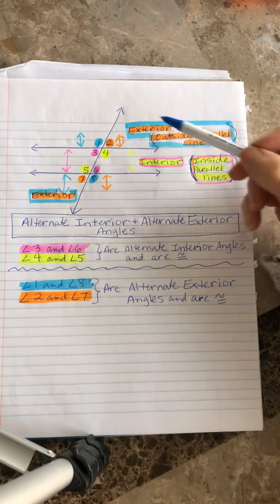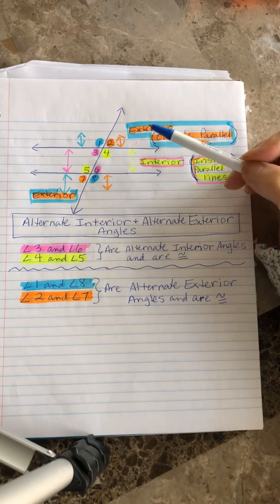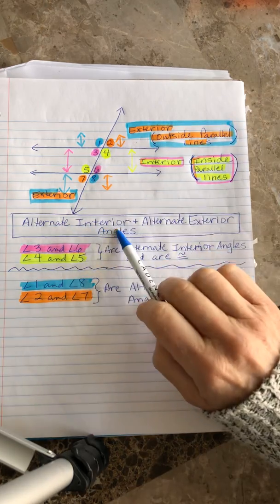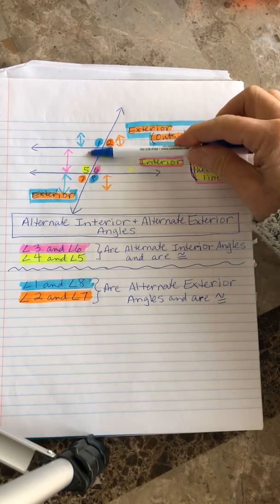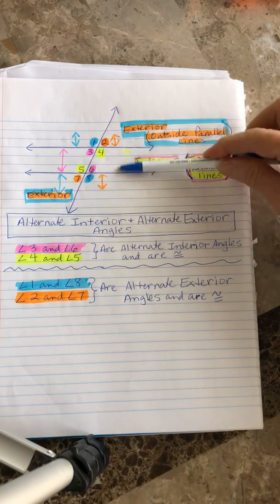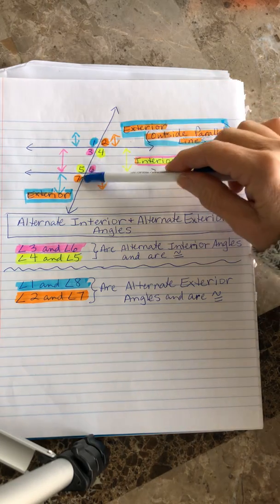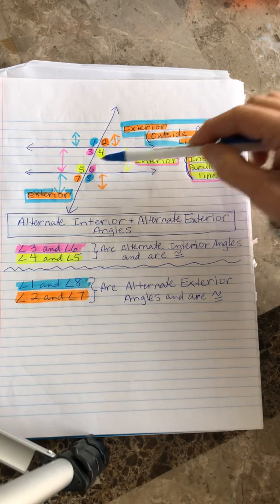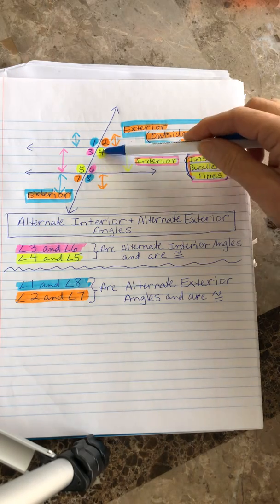Now, if I wanted to look at corresponding, I could find the same corresponding angles that we just looked at, but we also have what's called interior angles and exterior angles. The interior is everything in between the 2 parallel lines. All of the angles that are in between the 2 parallel lines near this transversal. So that would be 3, 4, 5, and 6. Those are interior, inside the parallel lines, angles.